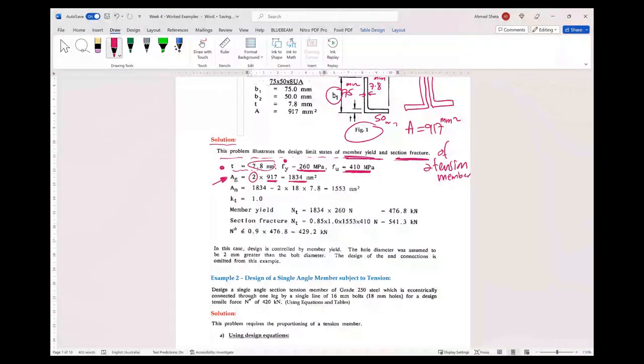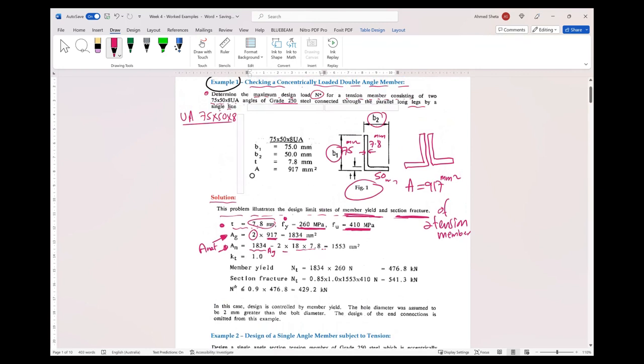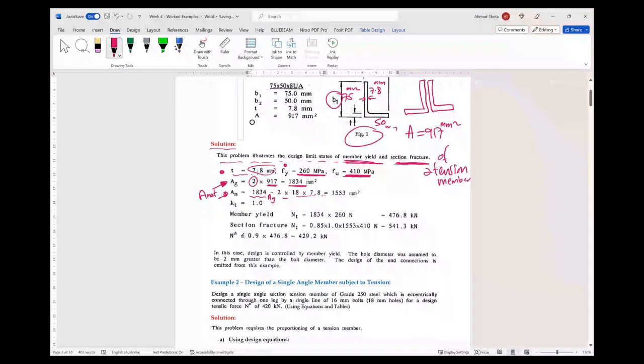The net area will be the total area, A gross, minus the holes. So the holes here: we have two bolts times 18, the hole diameter phi hole, times 7.8, which is the thickness of the angle.